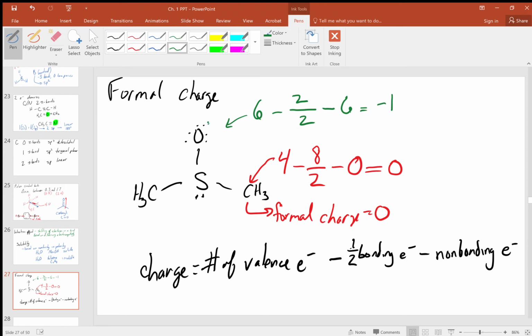So in our Lewis structure here, we should have a negative charge on oxygen. What about sulfur? Sulfur normally has 6 valence electrons, but here the sulfur has 3 bonds, or 6 bonding electrons, and 1 lone pair for 2 electrons, which gives us +1, and so we put our plus formal charge on sulfur.